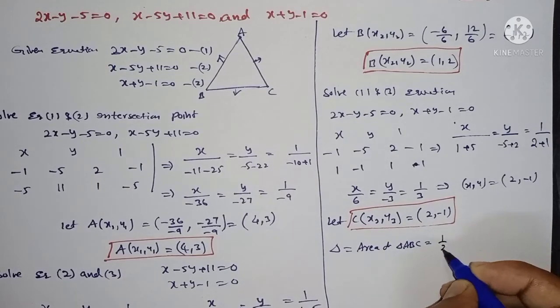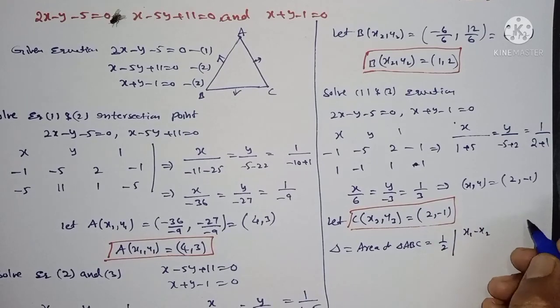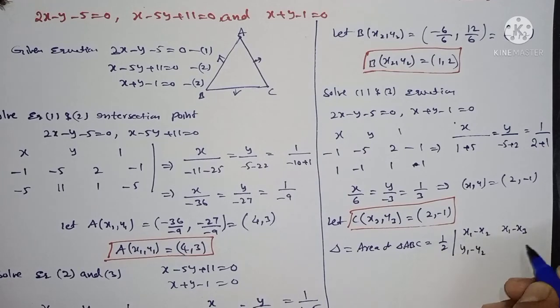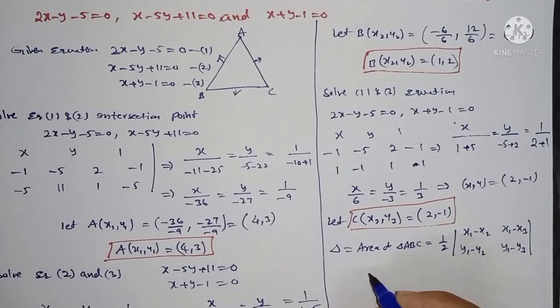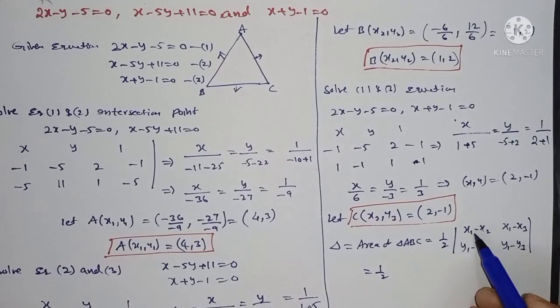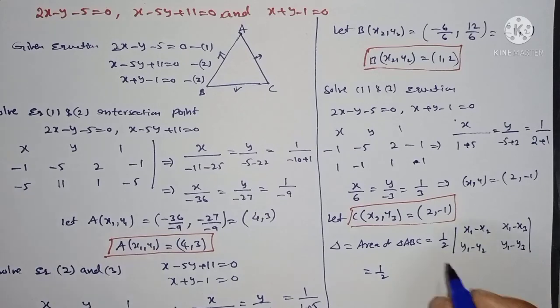Therefore, what is the formula? 1 by 2 of mod of x1 minus x2, x1 minus x3, y1 minus y2, y1 minus y3. This is the formula. Once again listen. 1 by 2 of mod of x1 minus x2, x1 minus x3, y1 minus y2, y1 minus y3. You can substitute, you will get the answer here.